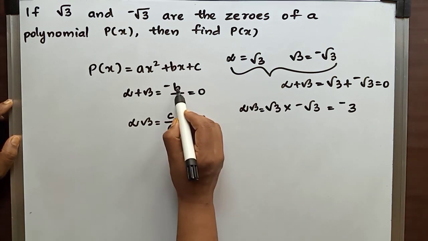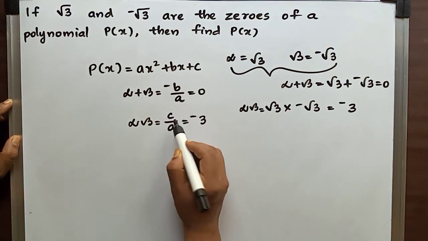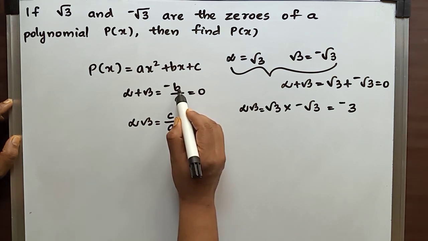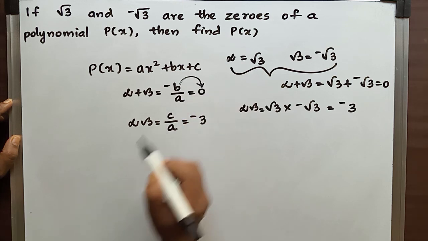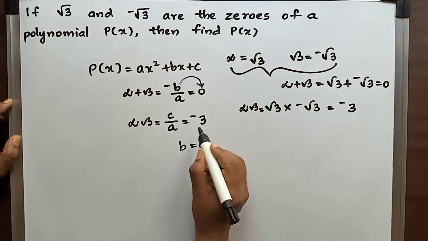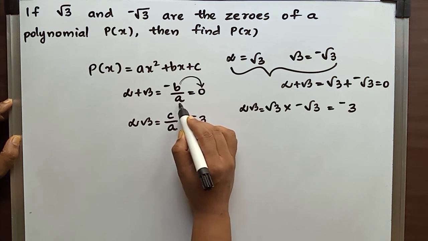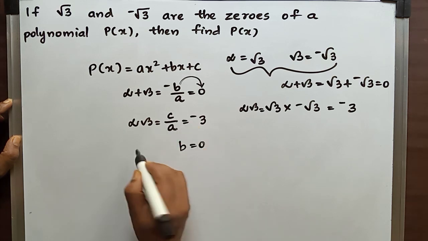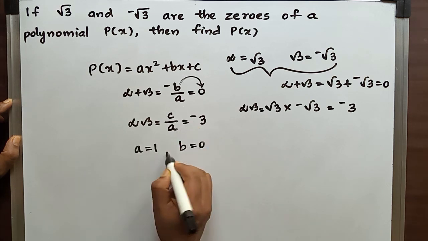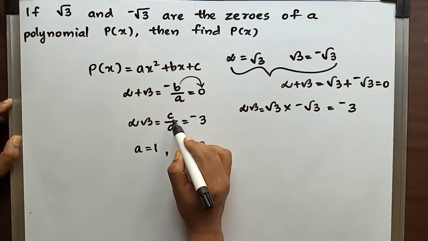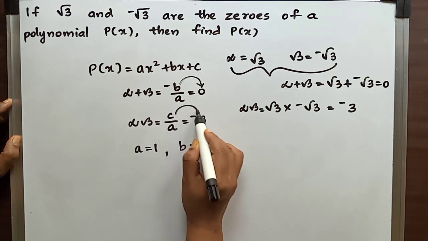Here minus b by a is equal to 0 and c by a is equal to minus 3. So I can take b as 0, right? B is equal to 0 and a can be any number. Okay, here also a can be any number, but for convenience I am taking a as 1. See, 0 by 1 is 0. Then if a is taken as 1, what is the value of c?